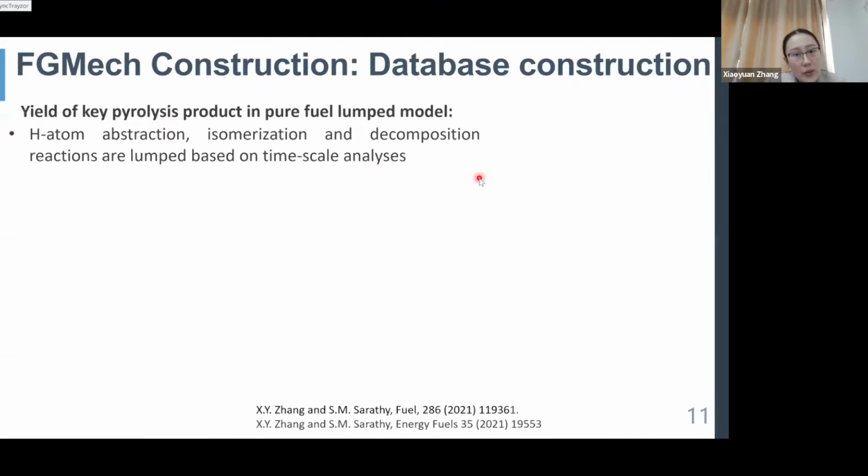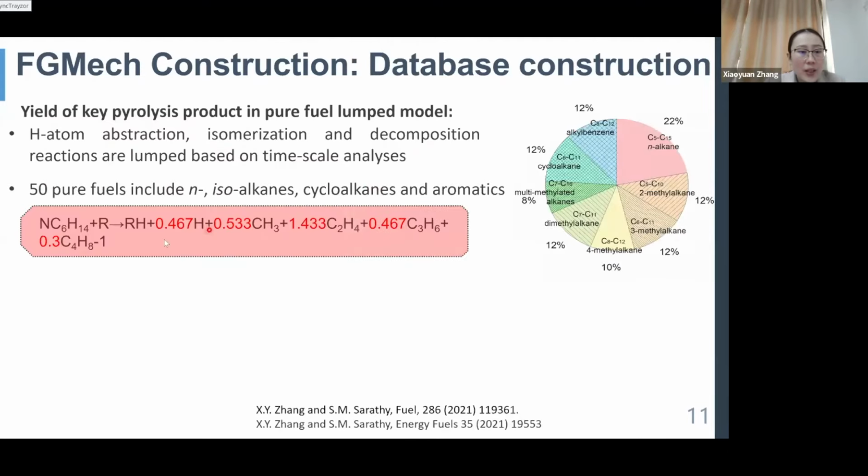First of all, we construct a database consisting of the yield of key pyrolysis products in a lumped model for pure fuels. H abstraction reactions, isomerization reactions, and decomposition reactions are lumped into one reaction based on time scale analysis. This is an example for normal hexane.